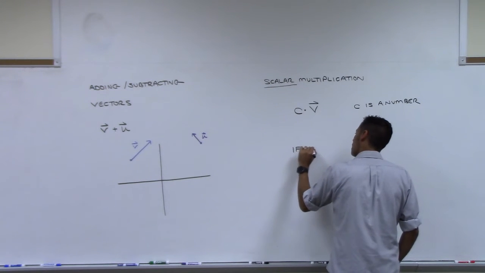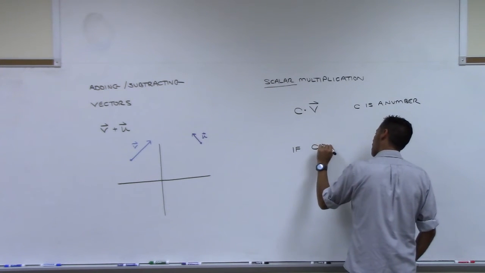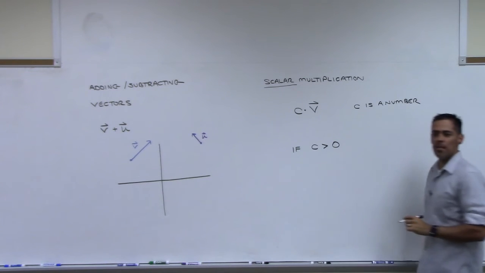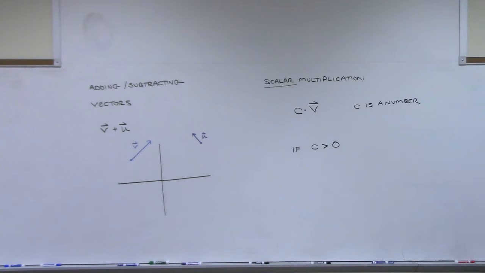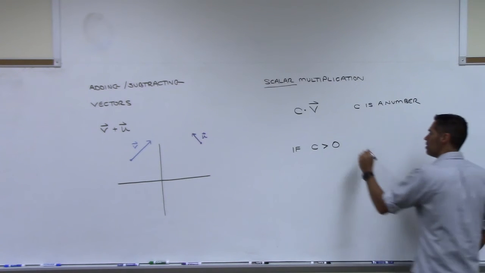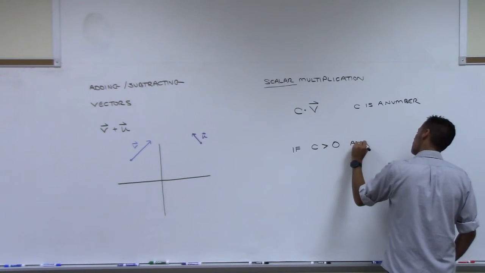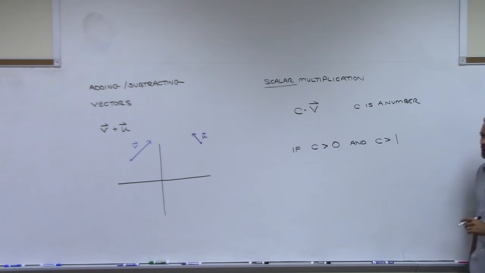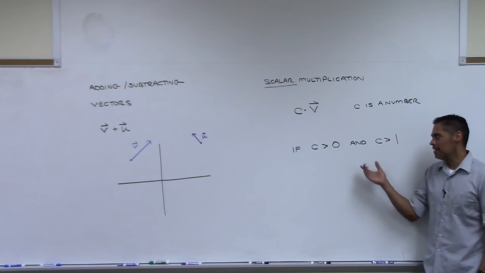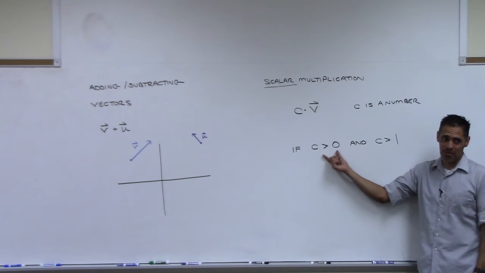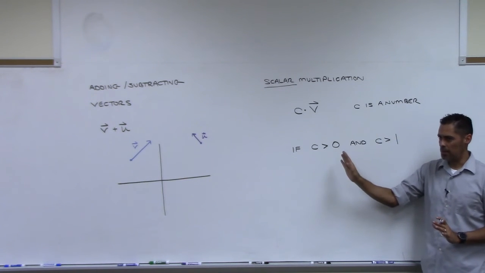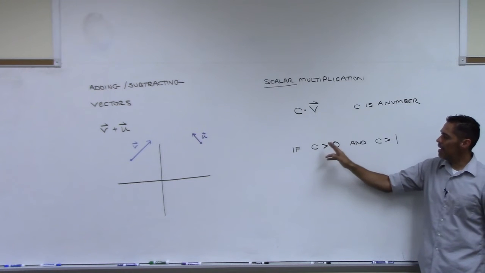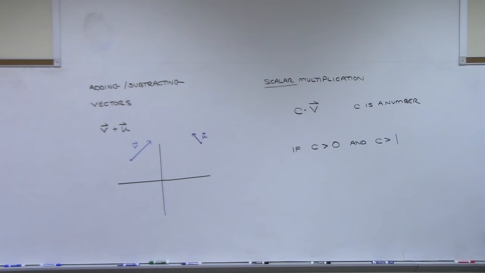If c is greater than 0, which means it's positive, and c is greater than 1. Now I know this is kind of obvious, like if it's greater than 1, it's greater than 0. But just stick with me on this, right? So let's say that c is greater than 0, so it's a positive number, and it's bigger than 1.